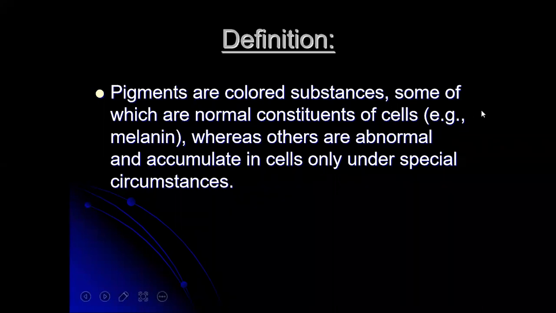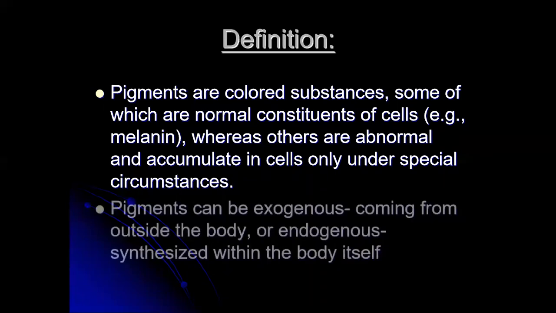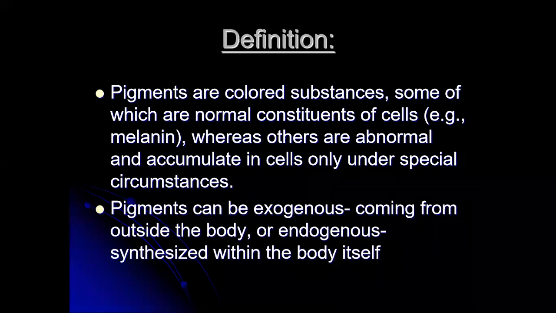Some of you have mentioned some, you can think about them. But today I'm going to look at the common pigments, both exogenous, coming from outside our bodies, or endogenous, that are synthesized within the body itself. More commonly, we are going to look at the endogenous because these are the ones you're going to deal with commonly.